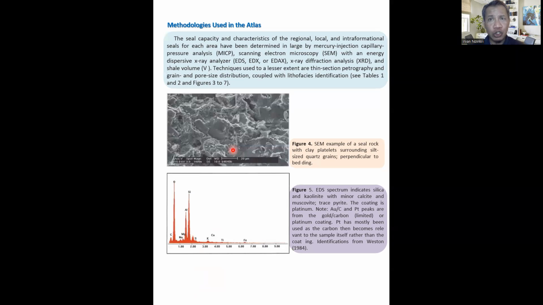This technique is used to examine the microstructure of materials at high magnification, providing detailed information about the composition and morphology of the sample. The image, I think, was obtained using the instrument they call Philips XL30, integrated with an energy dispersive X-ray analyzer.